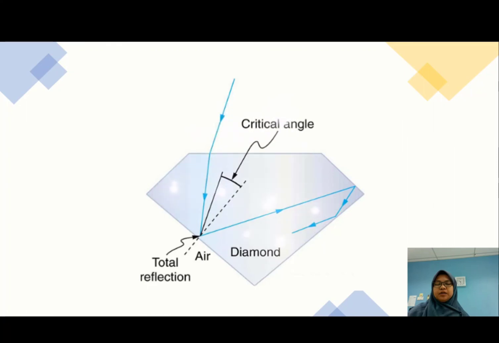So what you see is actually the reflection of light. The expensive diamonds are cut at certain angles so that they reflect most light. So that's all. Hopefully it was interesting. You learn a lot, and you can apply the principle in our daily life. See you again.